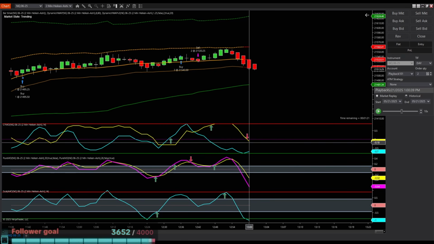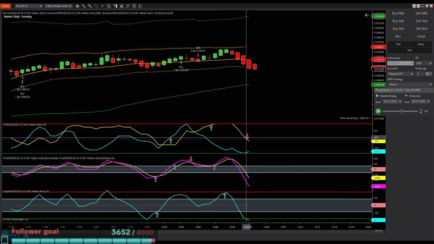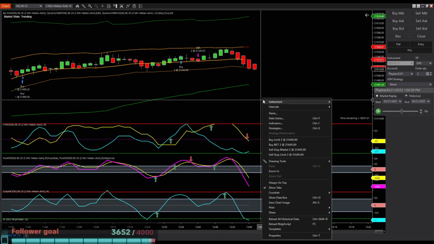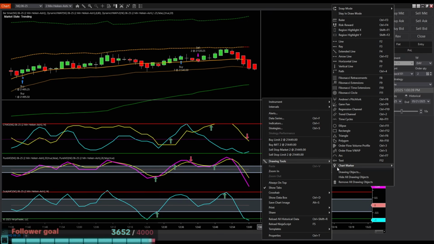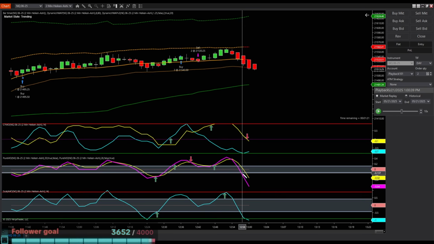All of a sudden, now momentum comes down and it's right here at the cusp. It just crossed the zero line. Wow, this is pretty cool, guys, okay? Look at PureMo right here, guys. Now, one of the things that's nice about PureMo is looking at the separation of the lines, okay?